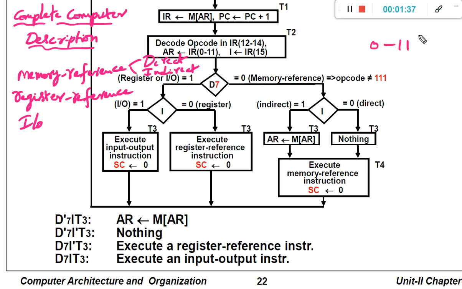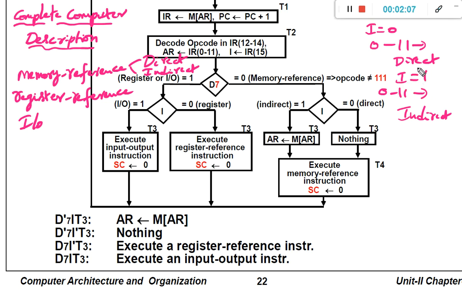From 0 to 11, it will represent the direct address if I is equal to 0. From 0 to 11, it represents the indirect address if I is equal to 1. What is I? I is the indirect mode flip-flop which is going to determine whether the instruction code contains the direct address or indirect address.